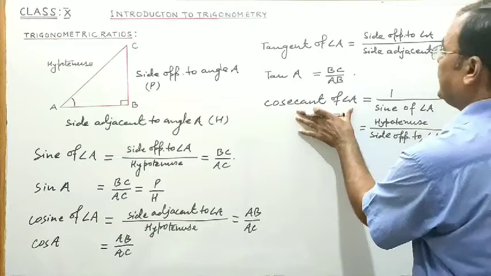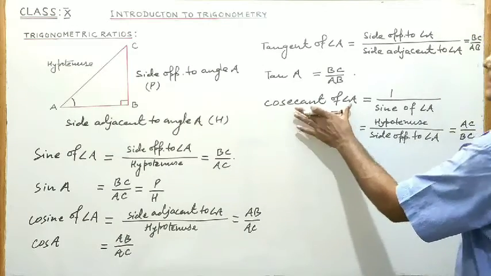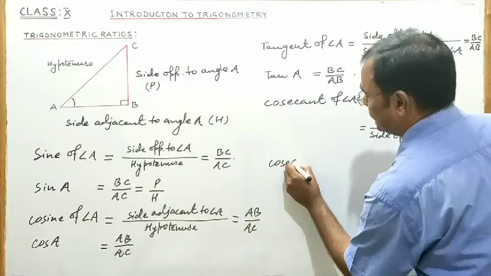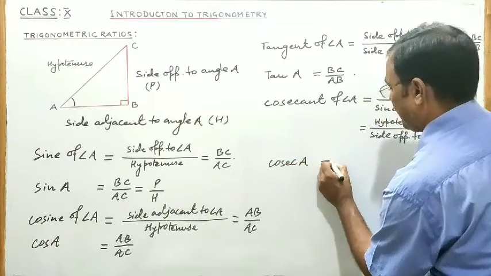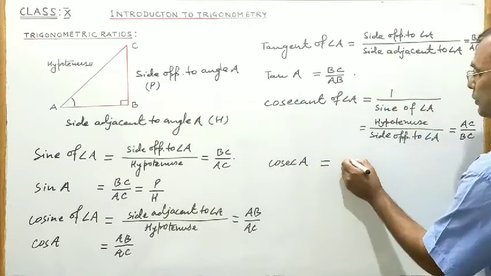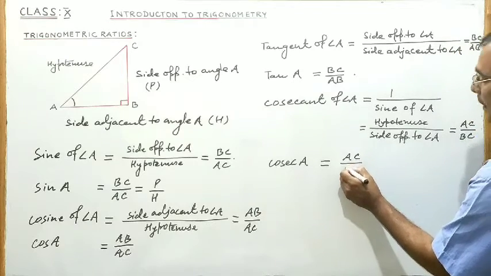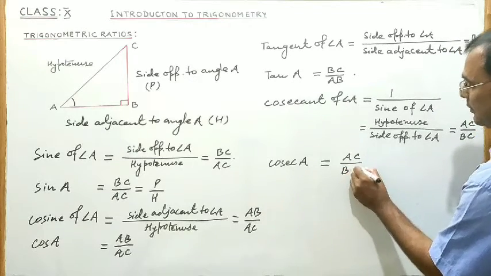This cosecant of angle A is abbreviated as cosec A, which is equal to hypotenuse AC by BC.